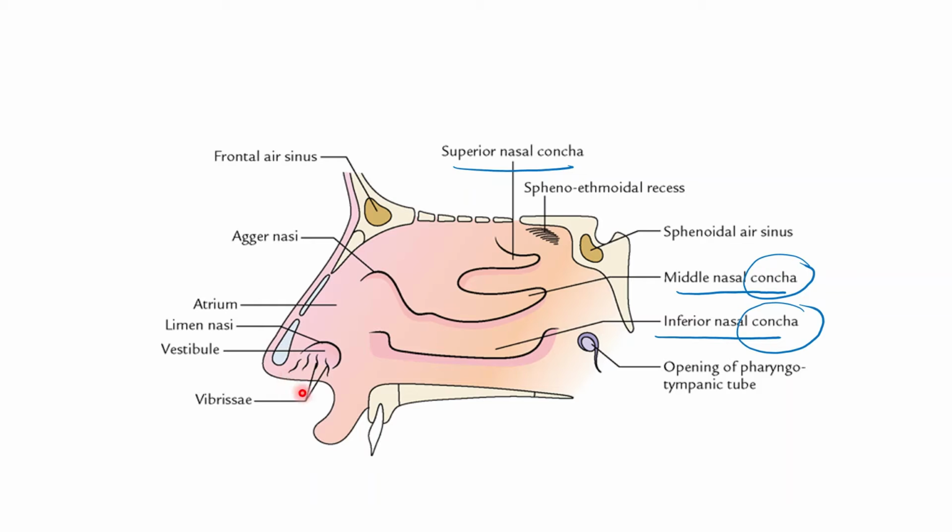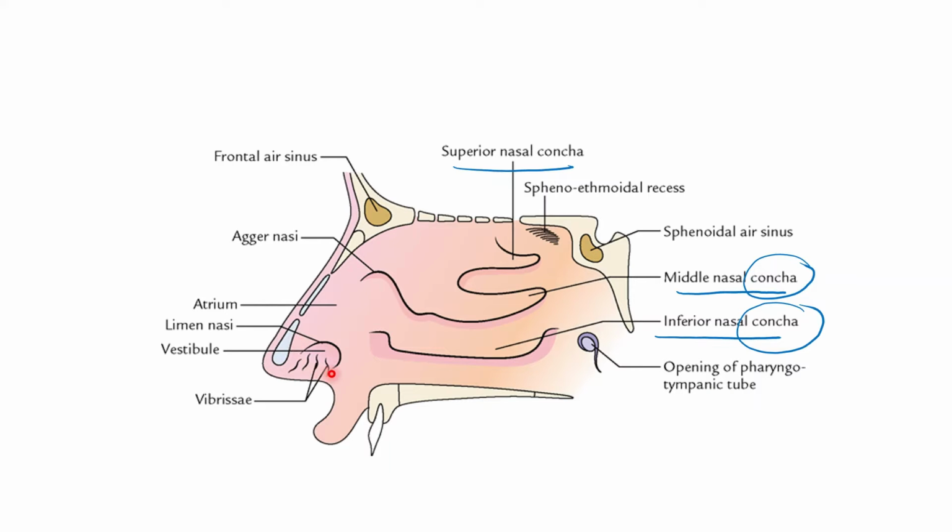The anterior-most part, that is the area in front of the inferior meatus, the anterior inferior part of this lateral wall, represents the area which is called the vestibule, seen here.